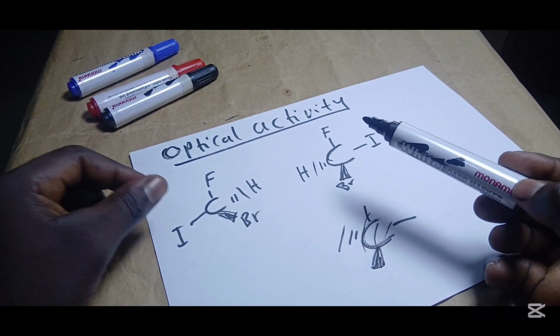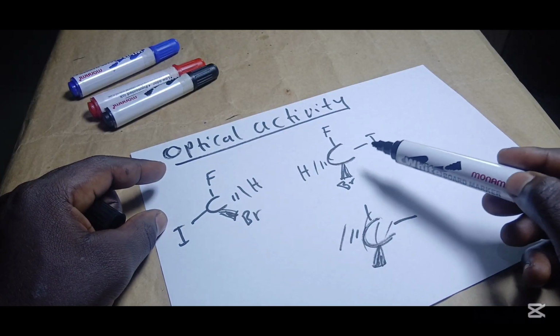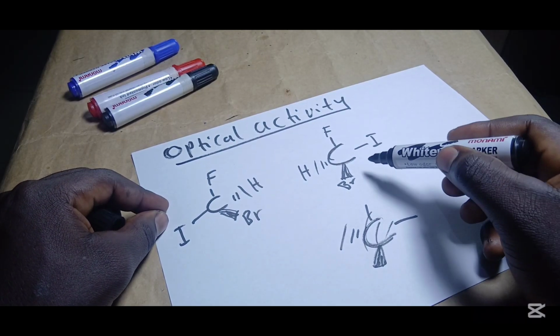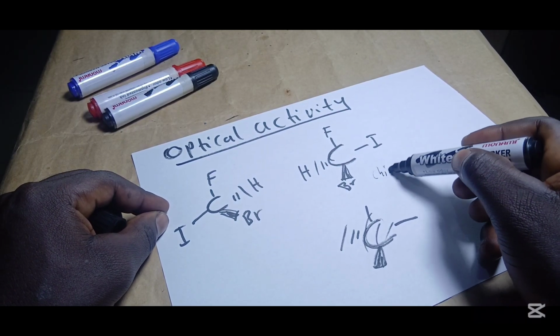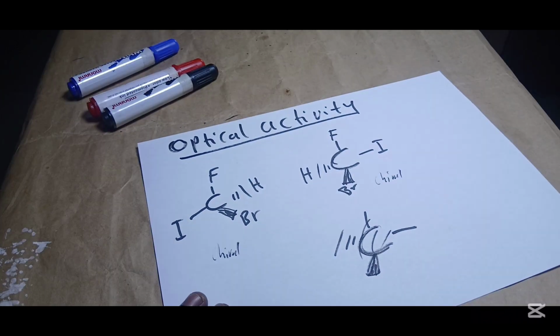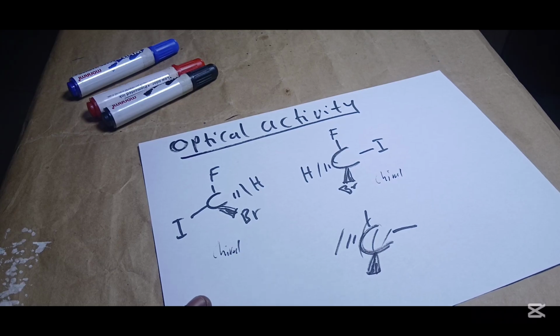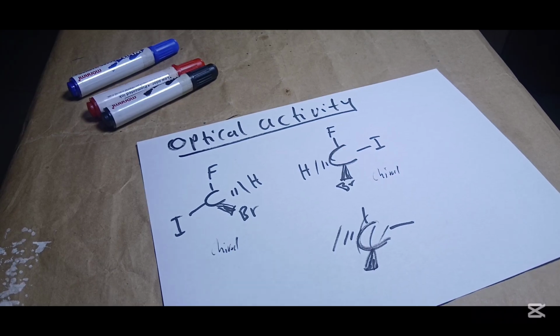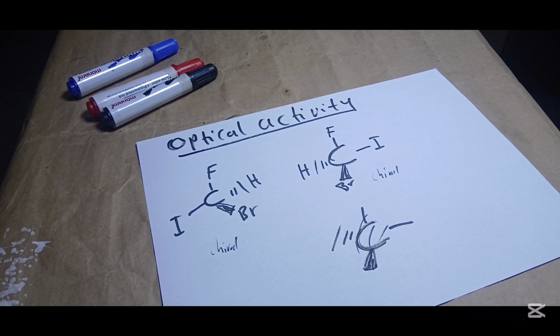So the two molecules here are chiral. This is a chiral molecule, and this is a chiral molecule. Chiral molecules are generally optically active, and because they are optically active, they rotate plane polarized light. We will look at that immediately after this illustration.